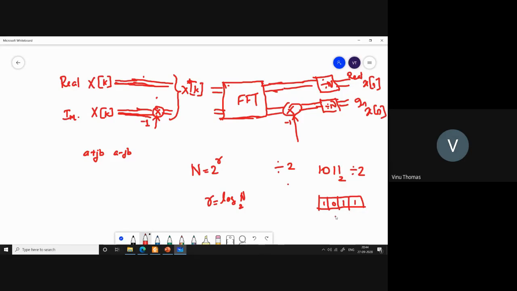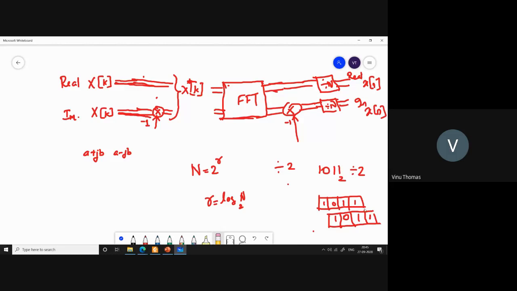And 5.5 is 101.1, right? This is 1, so this is after the binary point. So which means to divide by 2, I only need to shift the register by what? 1 bit to the right.